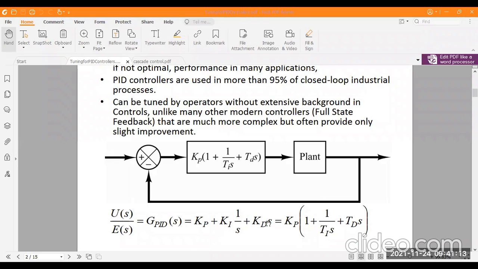This KI and KD are dependent on TI, the reset time, and TD, the derivative time. This is one example of a closed loop control system where we use the PID controller.